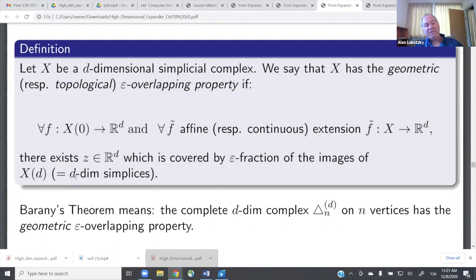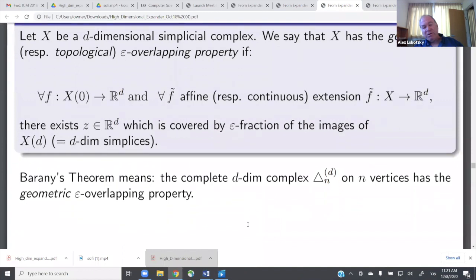Then there exists a point z in R^d which is covered by an epsilon fraction of the images of the top dimensional faces. Namely, of the d-dimensional faces, a positive proportion of them, an epsilon fraction of them, cover the same point.